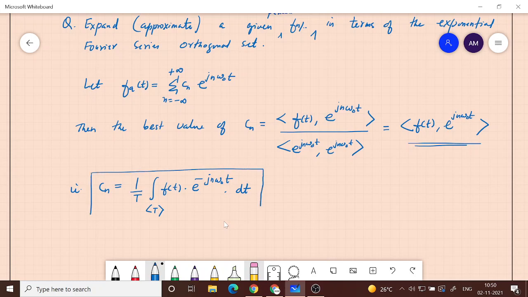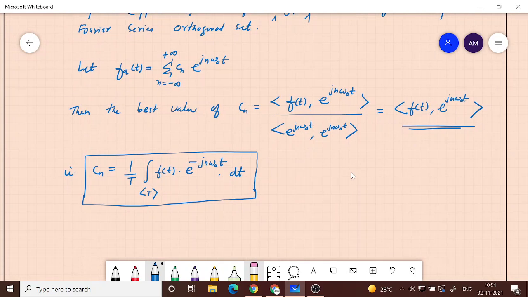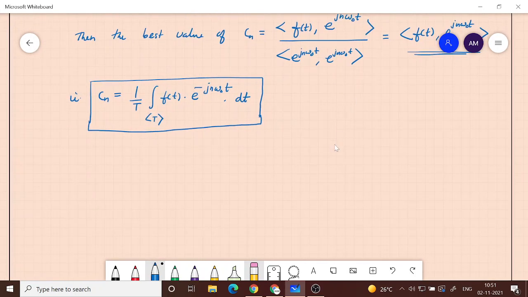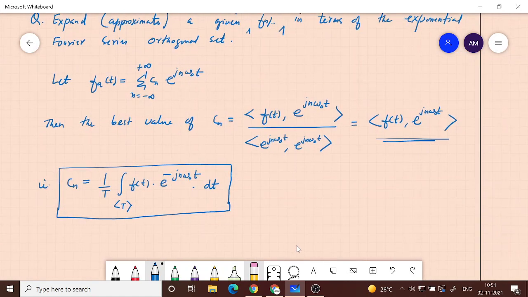So this is what the formula reduces to, and there is only one coefficient, Cn, and depending upon the n value you will get all the cases. Is it clear so far? Are you with me?